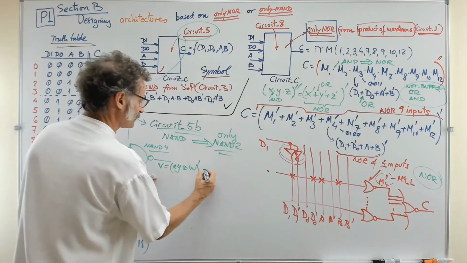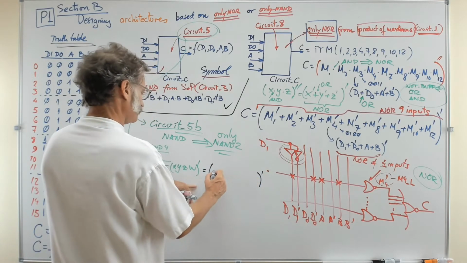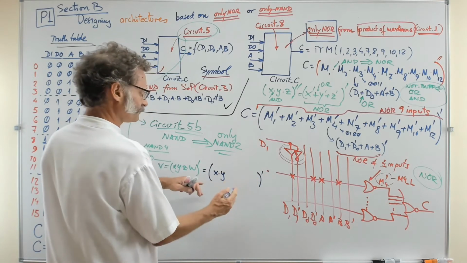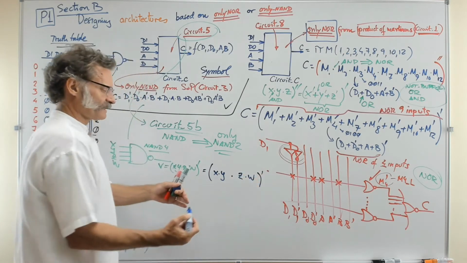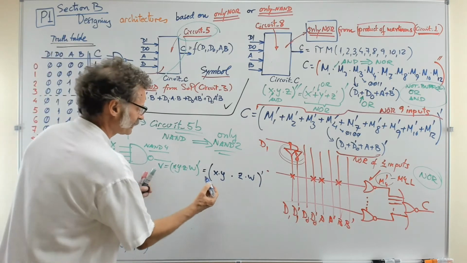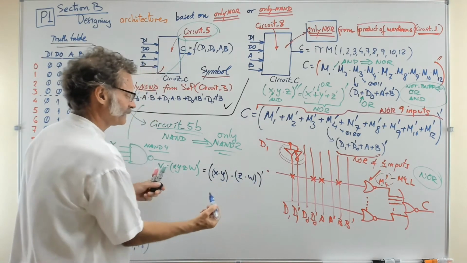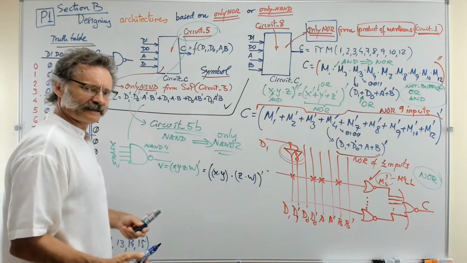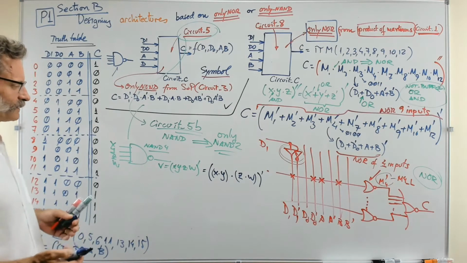So this expression can be solved like this. You keep the brackets, but now you do X, Y, just two inputs, and Z, W. Nothing has happened yet. But now, if you like, I can take this and that this way. I can add extra parentheses like this, and nothing happens.